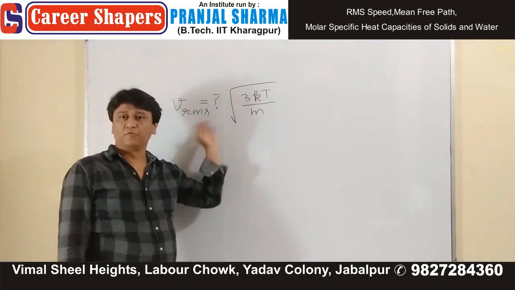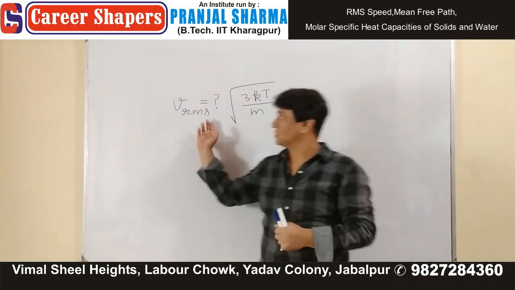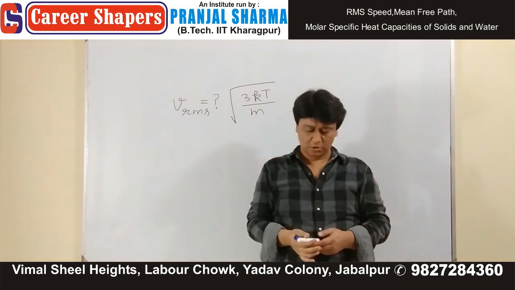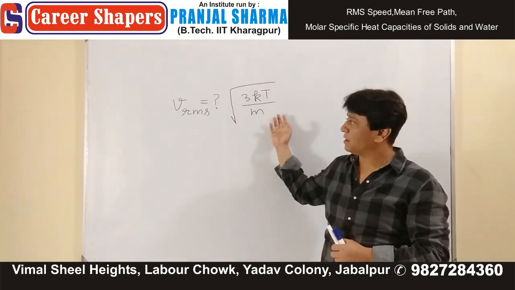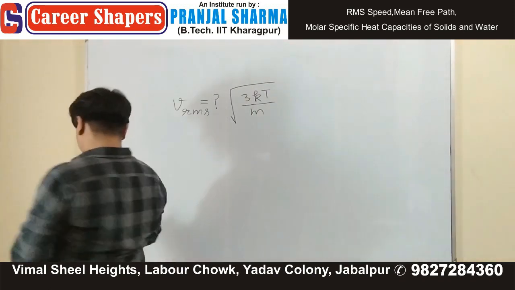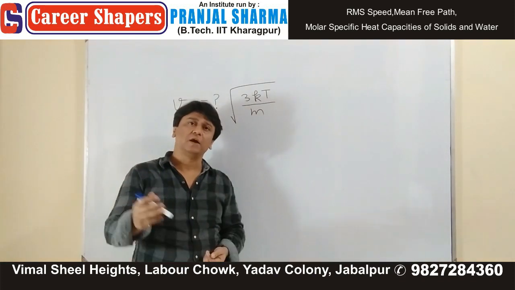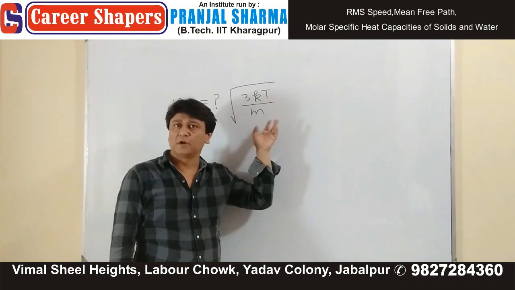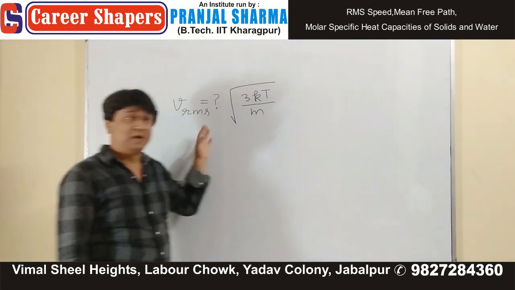So if you find VRMS, suppose you are interested in finding root mean square speed of air molecules in the room right now. So when you put all these values, this speed is roughly of the order of speed of sound, of the order. So speed of sound is roughly 332 meters per second. You'll find that these things are 400, 500, 300 meters per second.